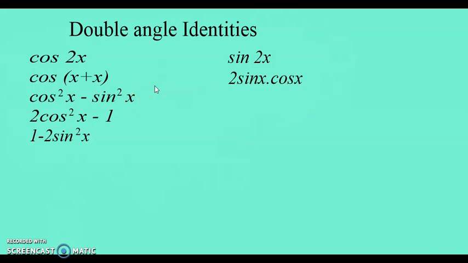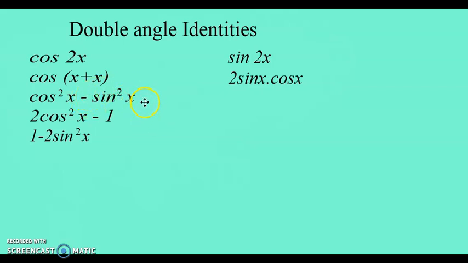Then, if I substitute this sine square x with 1 minus cos square x, which I had in the previous identity, remember, sine square x plus cos square x is equal to 1. So that means sine square x is 1 minus cos square x.